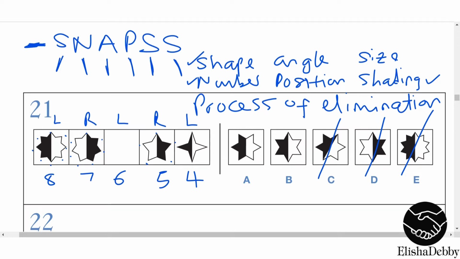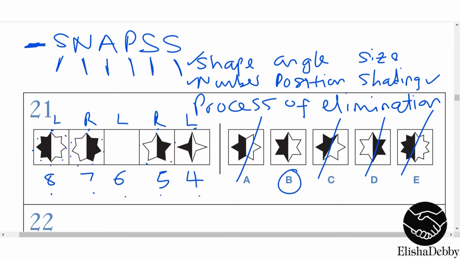Now what else can we look at? I can see that each of these shapes has a pointed tip. So whichever one hasn't got a pointed tip will be eliminated. We can eliminate this, and B is our answer.